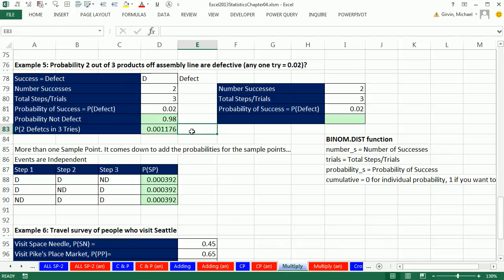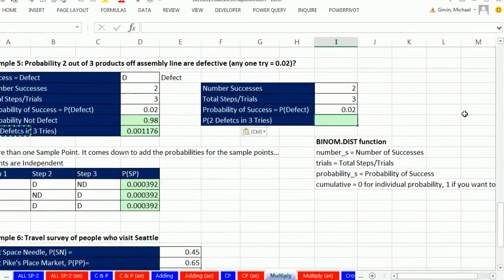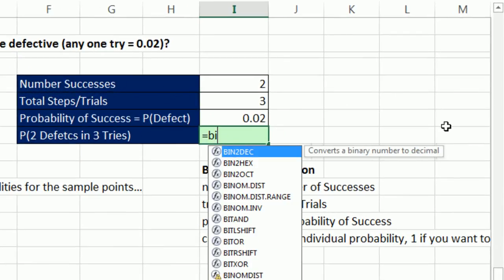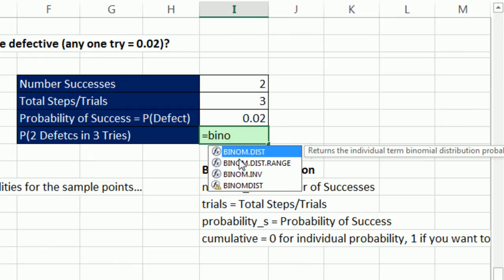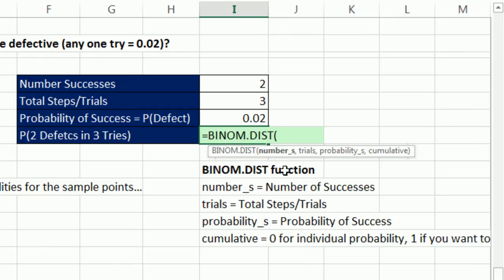Now this actual event fits the definition of a binomial distribution. That's what we get to do next chapter. But here we're going to see how to calculate this particular probability. I can see that I forgot Control-C, Control-V to put what we're calculating here. Equals BINOM.DIST, and there we have it, tab. Now we need the number of successes we're after.